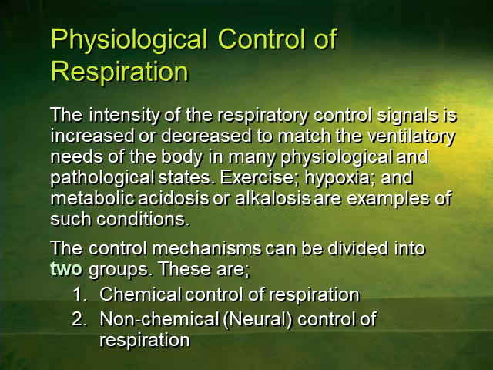These are the chemical control of respiration and the non-chemical or neural control of respiration. The chemical control of respiration is the most important one, and let's start with this.